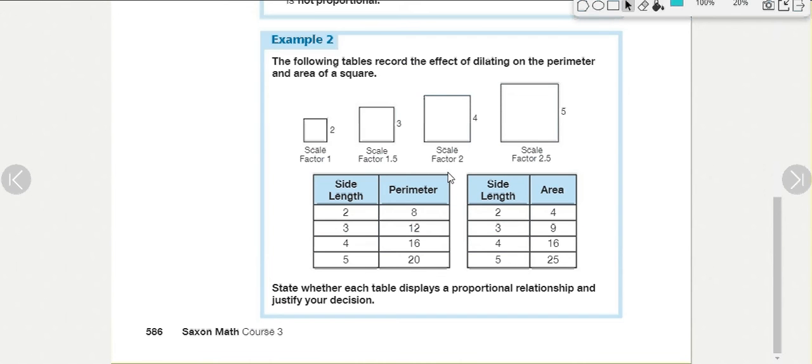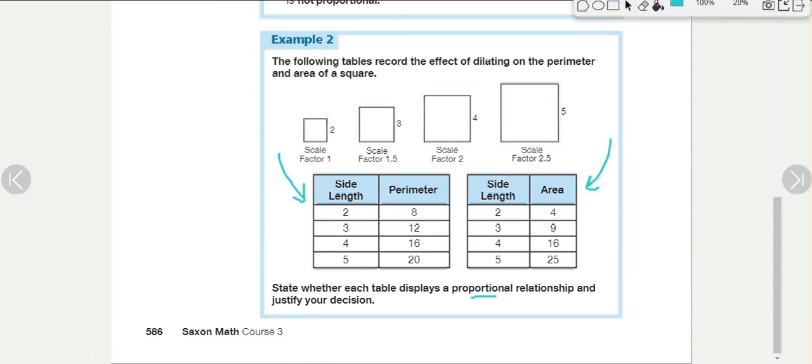In example 2, we see tables that record the effect of dilating or enlarging a square by its perimeter and then seeing what happens to its area, right? We've worked with scale factors like this before. Let's look at the tables and decide which, if either or both, are proportional.